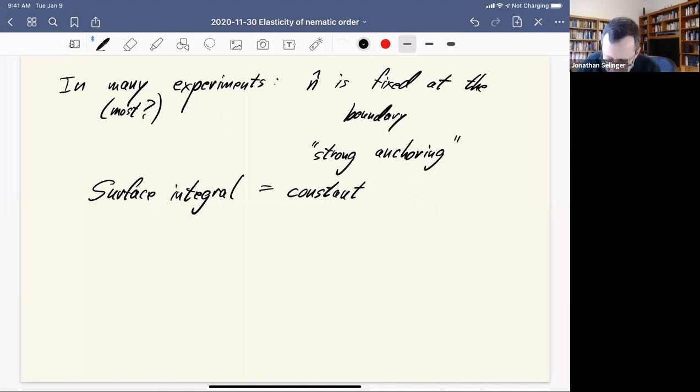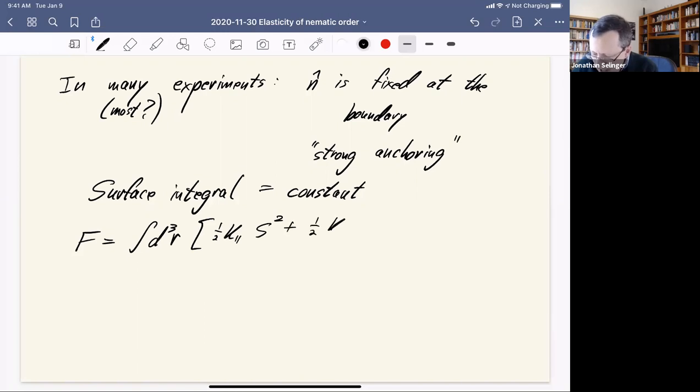And in that case, the elastic free energy becomes an integral of 1/2 k11 splay squared plus 1/2 K22 times twist squared plus 1/2 K33 times bend squared plus a constant.